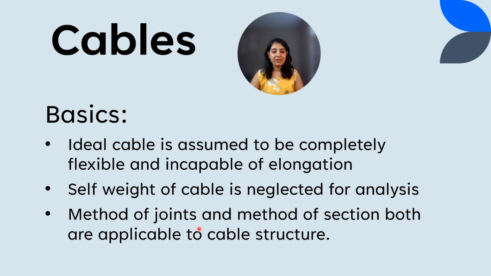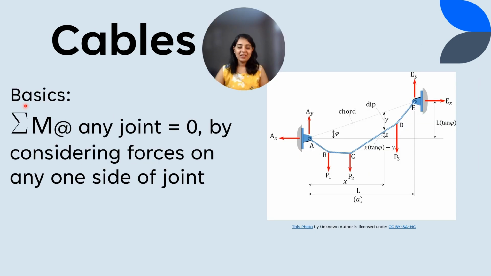Method of joints and method of section both are applicable to cable structures. For cables, summation of moment at any joint is equal to 0 by considering forces on any one side of the joint.